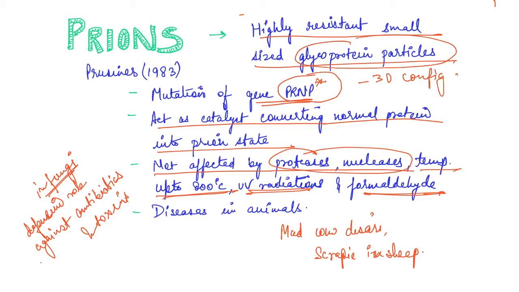Then it acts as a catalyst converting normal protein into prion state. It is not affected by lytic enzymes like proteases, nucleases, or temperature up to 800 degrees Celsius, UV radiation, or formaldehyde. And it causes diseases in animals, for example mad cow disease or scrapie in sheep. Prions also have a defensive role against antibiotics and toxins in fungi.